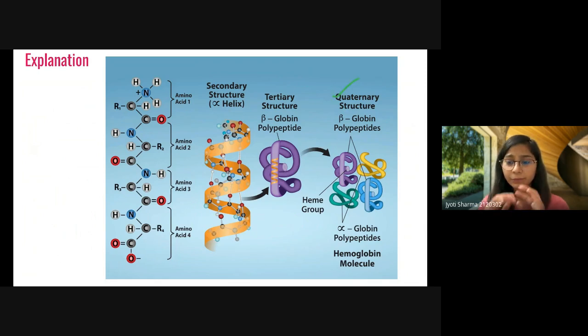Because of that quaternary structure, that protein is very specific in nature. So just keep in mind, hemoglobin is a protein, and this protein has the quaternary structure. Okay, so let me move to the next question.